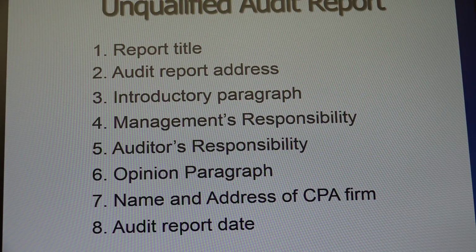Many users, what they do is they'll go directly to the opinion paragraph to see whether or not it's clean or something else. And if it's clean, they'll just ignore the first 5 sections, because that's what they're looking for. They're wanting to know if it's a clean opinion.